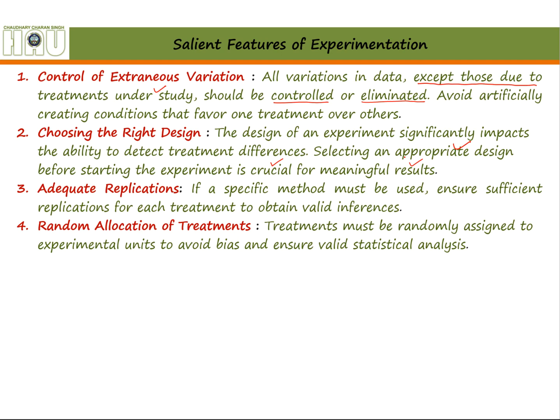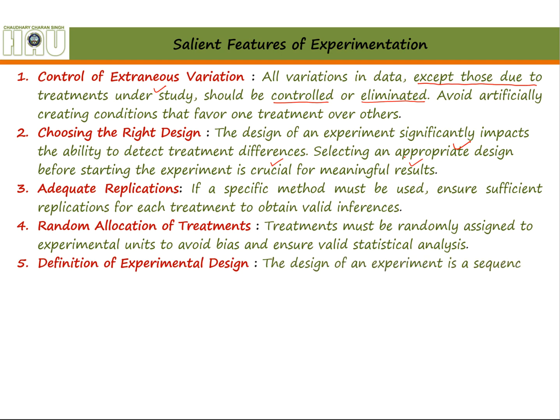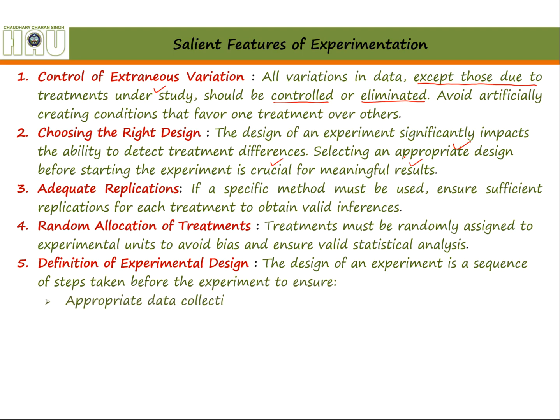Then let us define what experimental design is. The design of experiment is a sequence of steps, which I have already explained, taken before the experiment to ensure, number one, appropriate data collection, meaning you can appropriately collect the data.